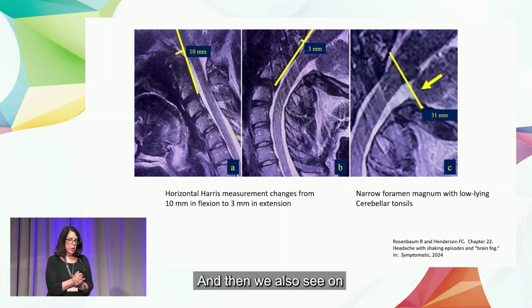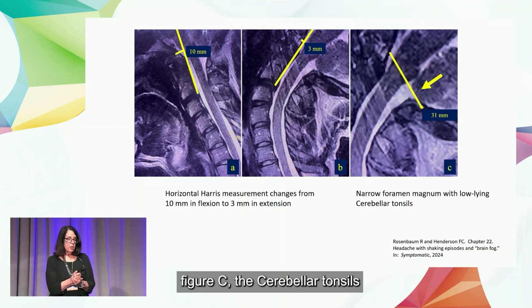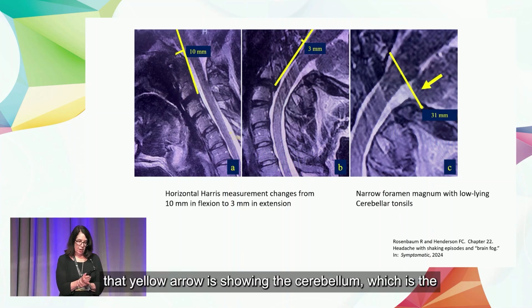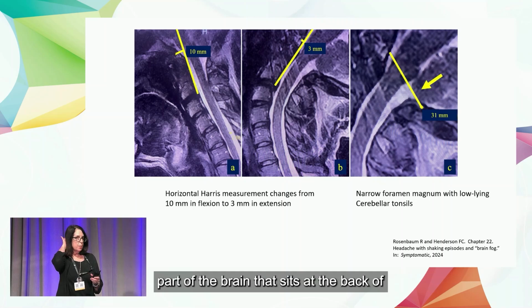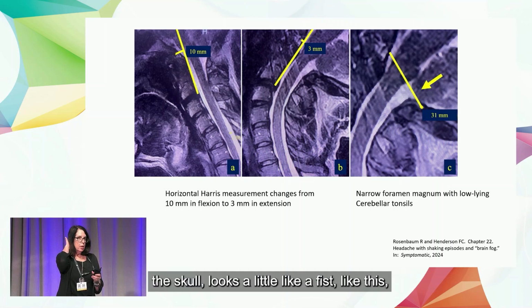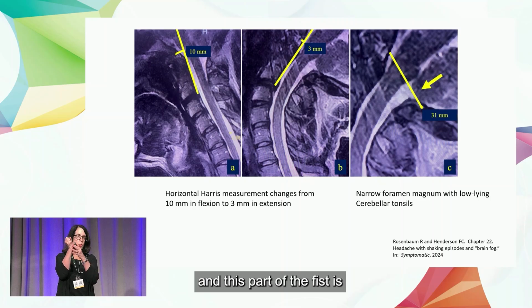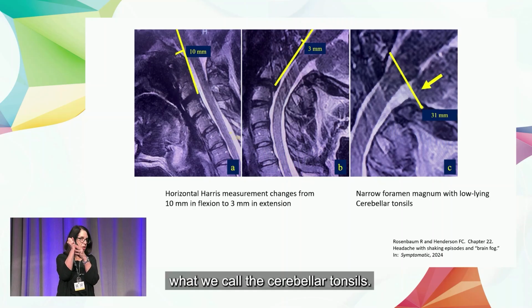And then we also see on figure C the cerebellar tonsils. That yellow arrow is showing the cerebellum, which is the part of the brain that sits at the back of the skull. Looks a little like a fist, like this. And this part of the fist is what we call the cerebellar tonsils.